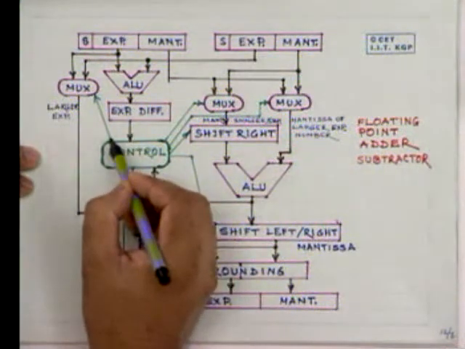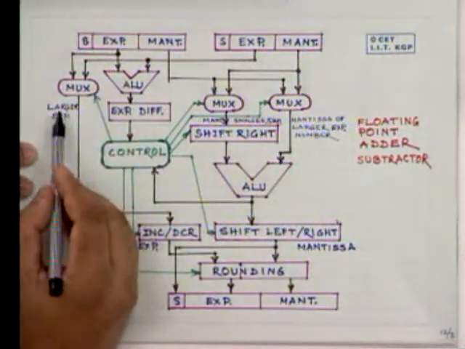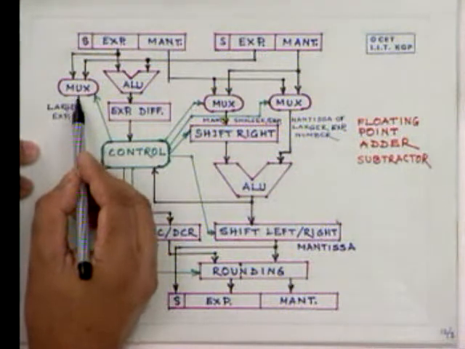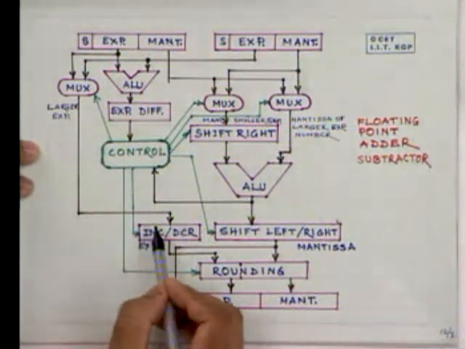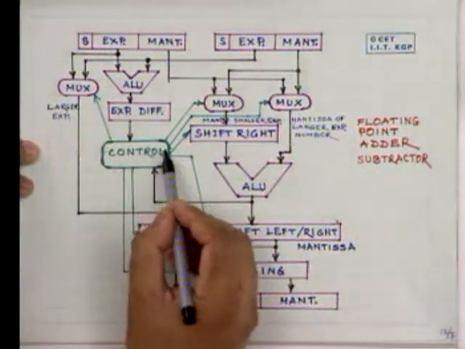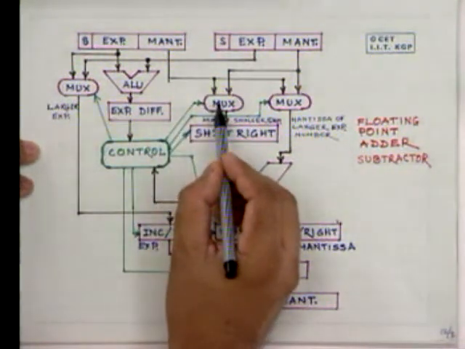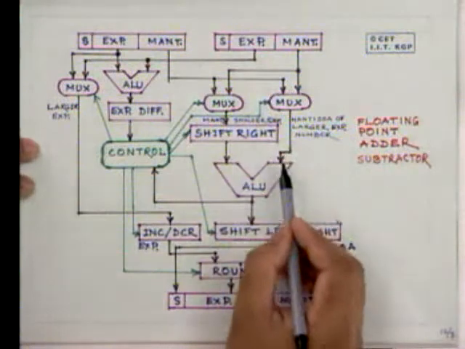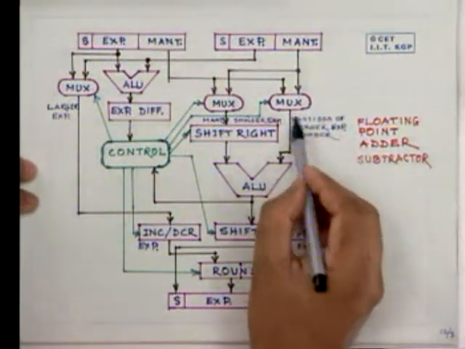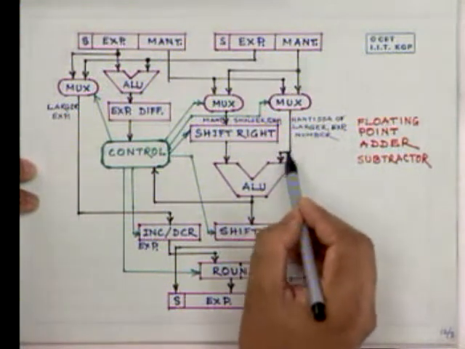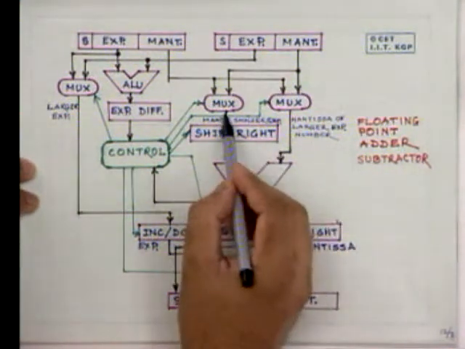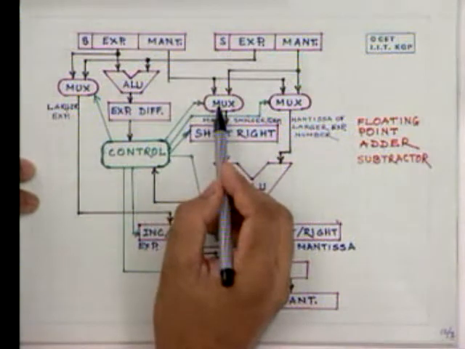Now this multiplexer makes the larger exponent come out as an output here and go to this exponent register. This control also controls this multiplexer and this multiplexer, so that here comes the mantissa of the larger exponent number, and here comes the mantissa of the lower exponent number.